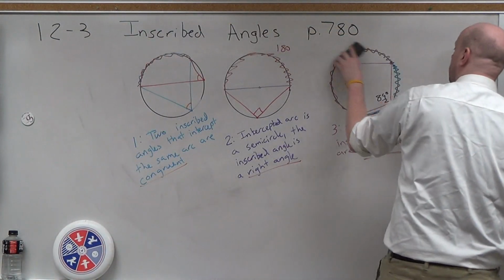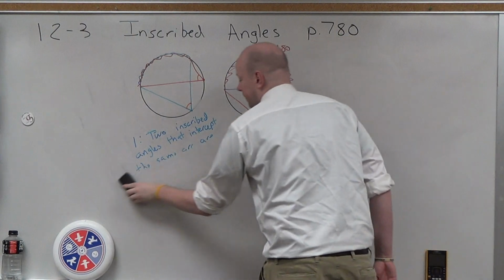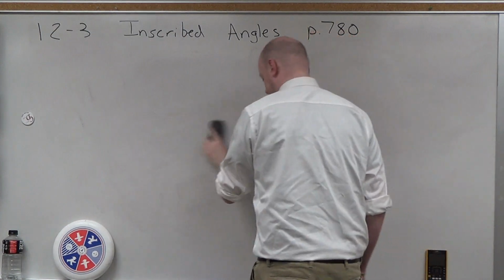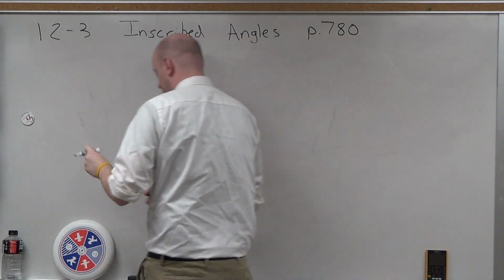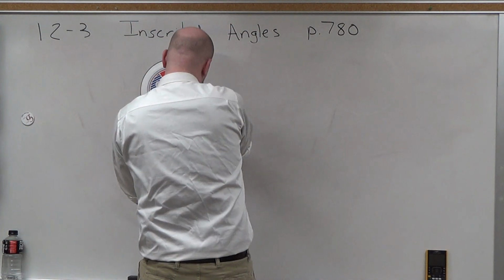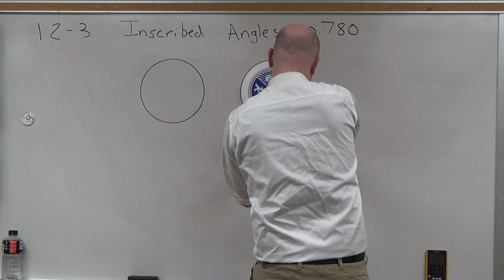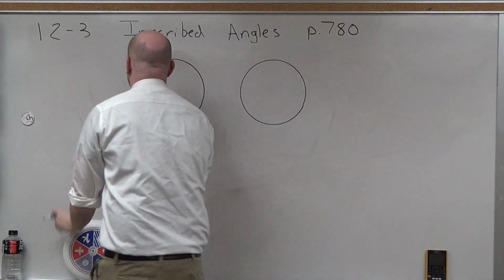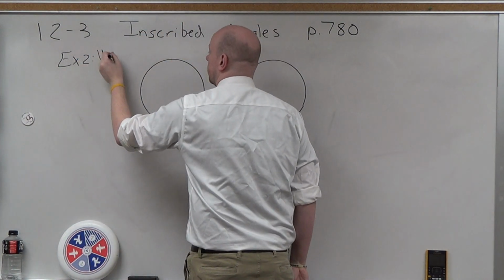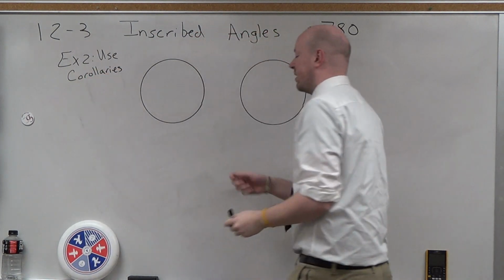On to example 2. This one will do 2 of them with it, so you need 2 circles. I call it use corollaries. I think I'm getting better at tracing my frisbee.